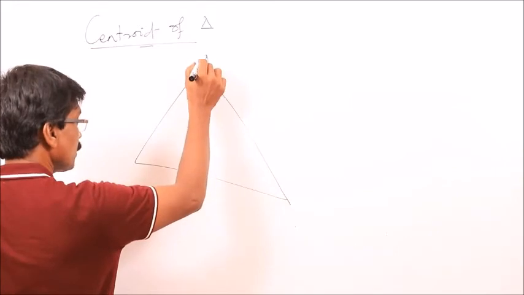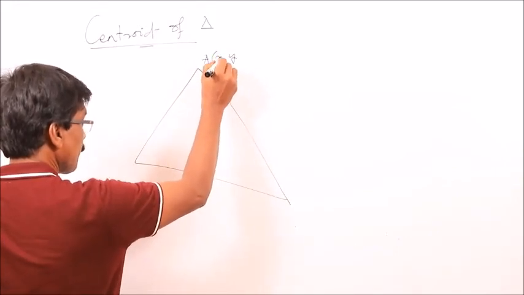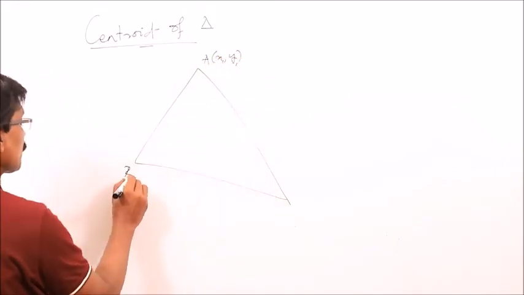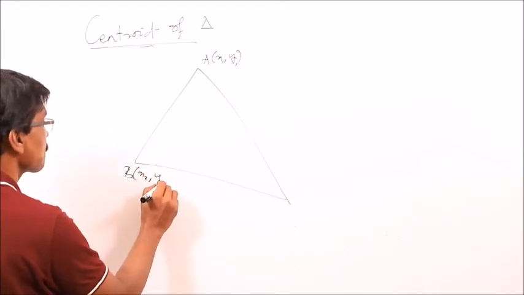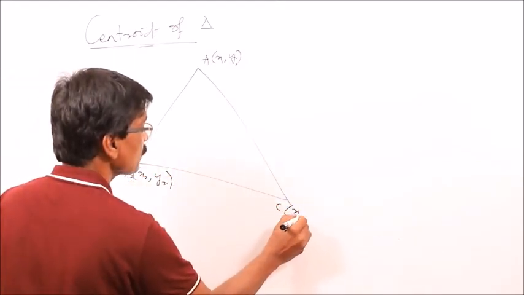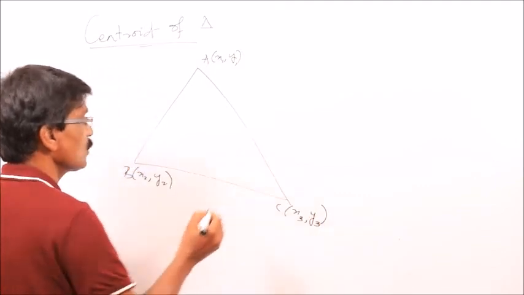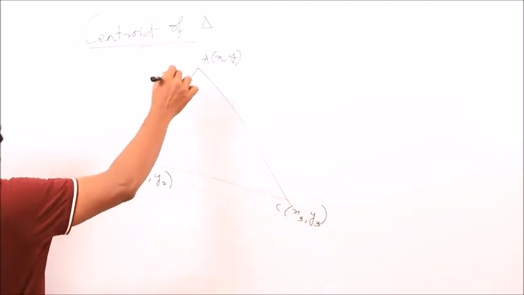Suppose we have 3 points x1 y1, x2 y2, x3 y3. So centroid is intersection of 3 medians.